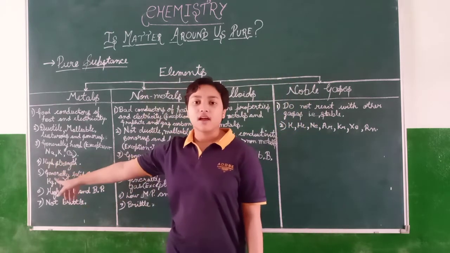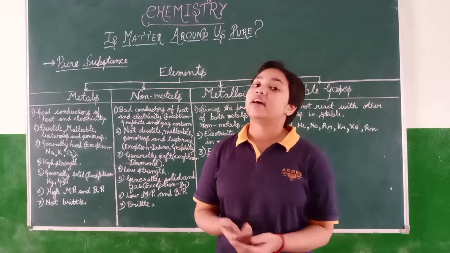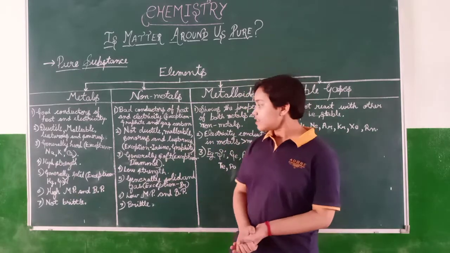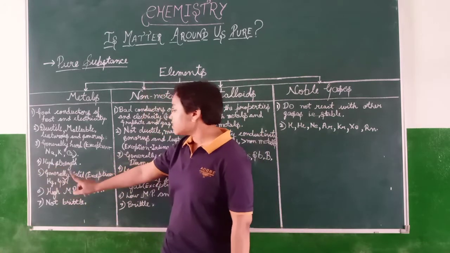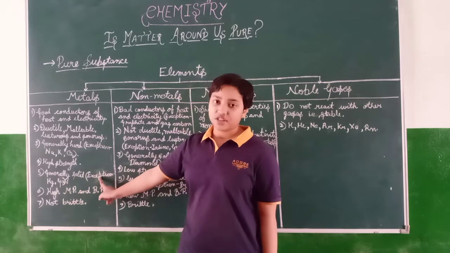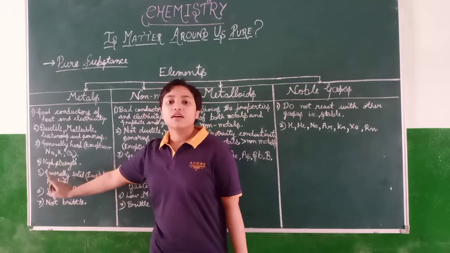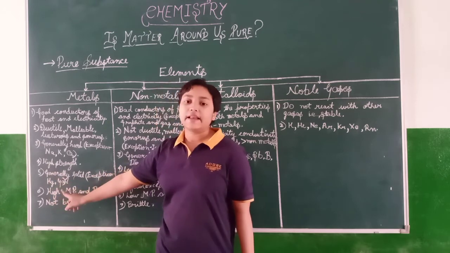High strength. As you know, they are solid and hard, so they also have high strength. Generally they are solids, as I have already told you, but there are exceptions: mercury and gallium.